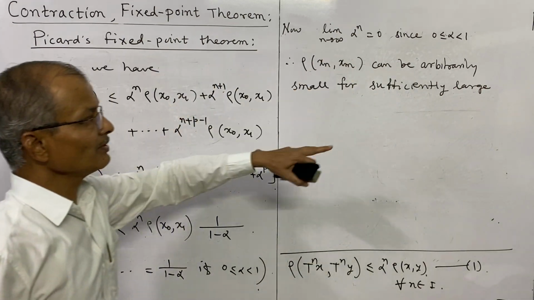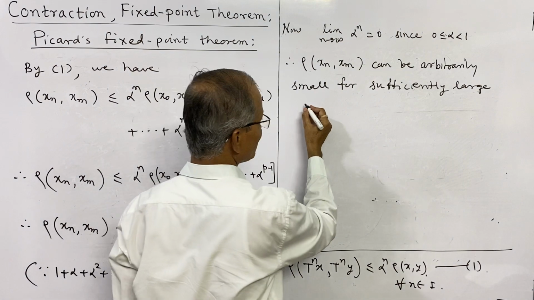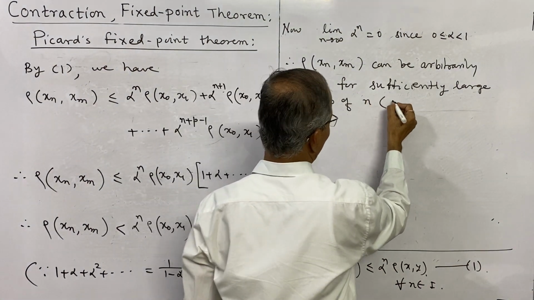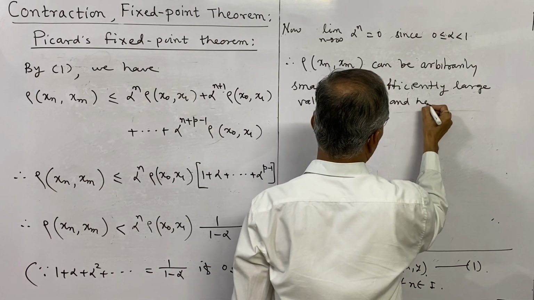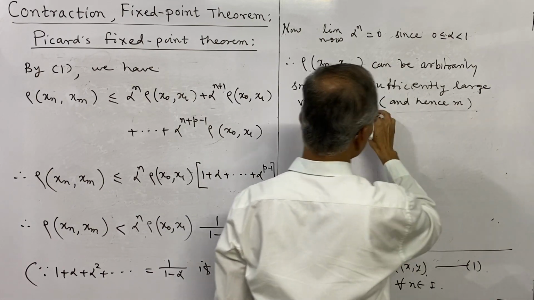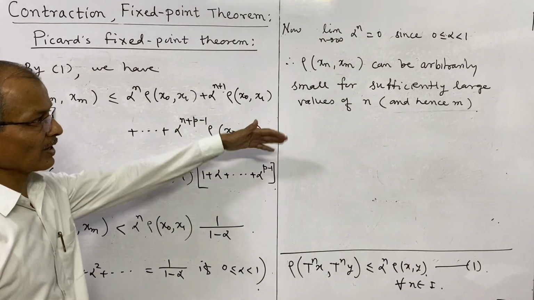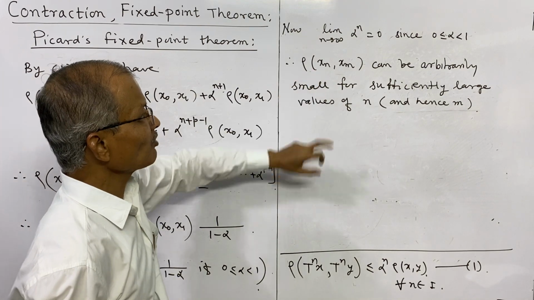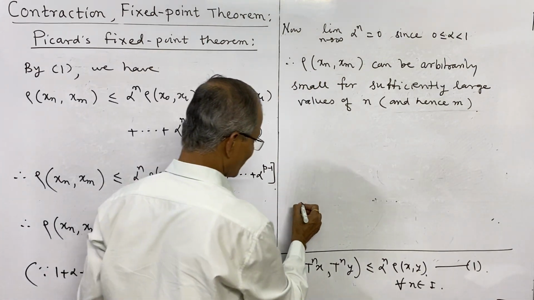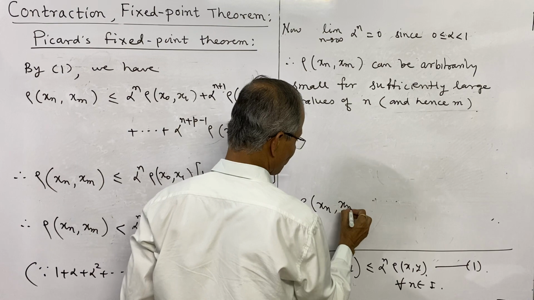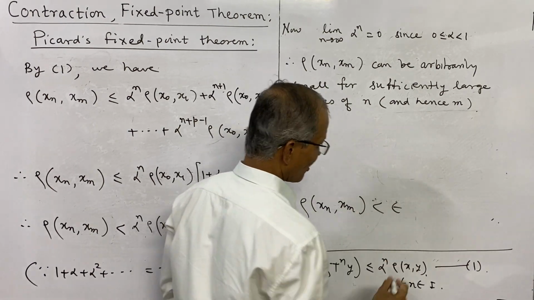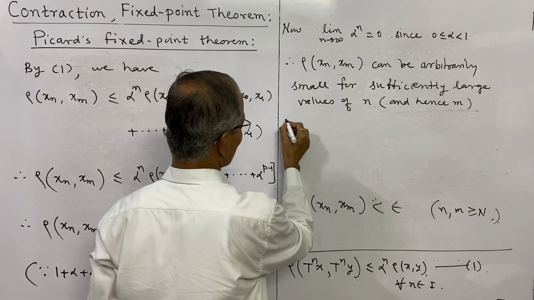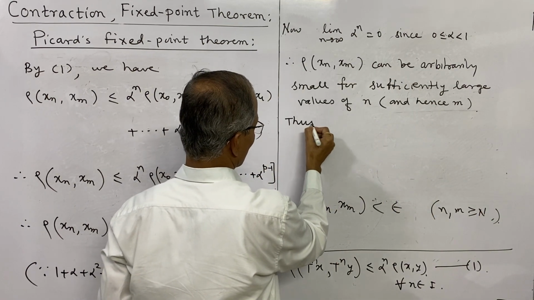As n tends to infinity, n becomes larger and larger, and hence m too, because m is greater than n. If n is greater, then m becomes greater. So this is made arbitrarily small, which means rho of xn and xm is less than epsilon for n, m greater than or equal to N.